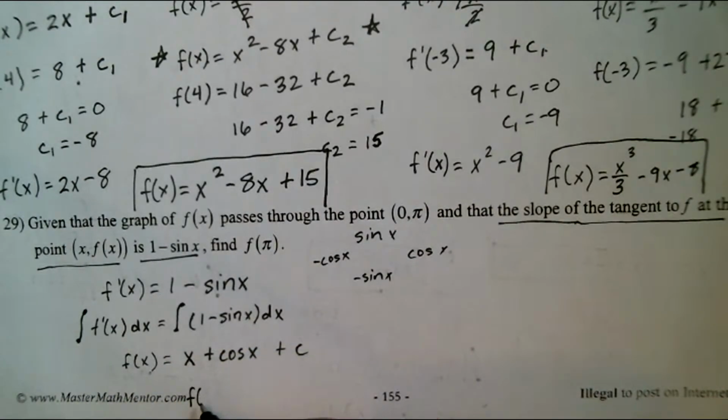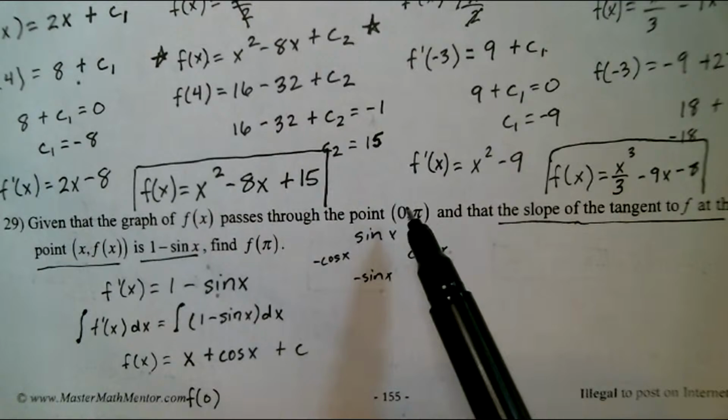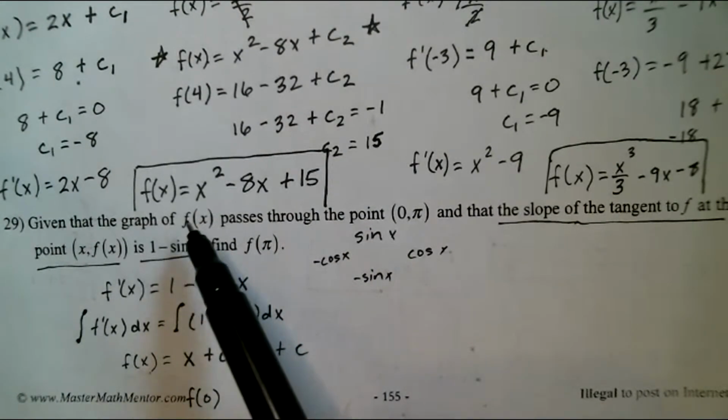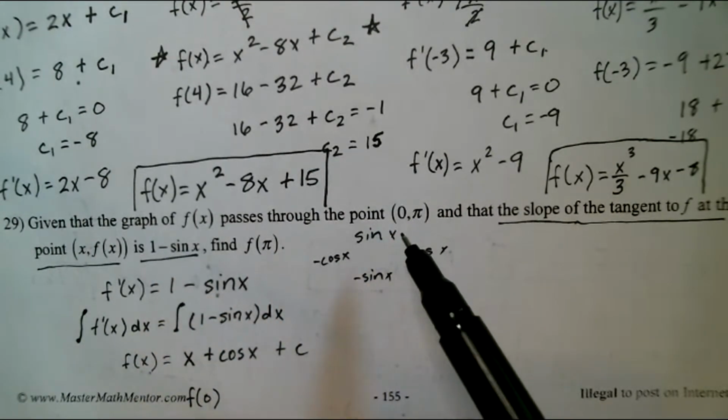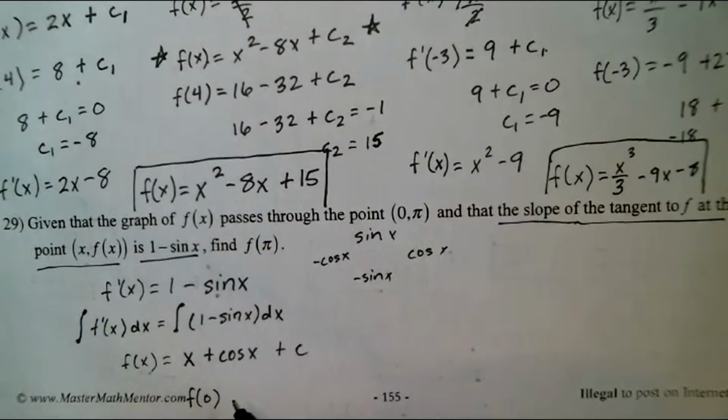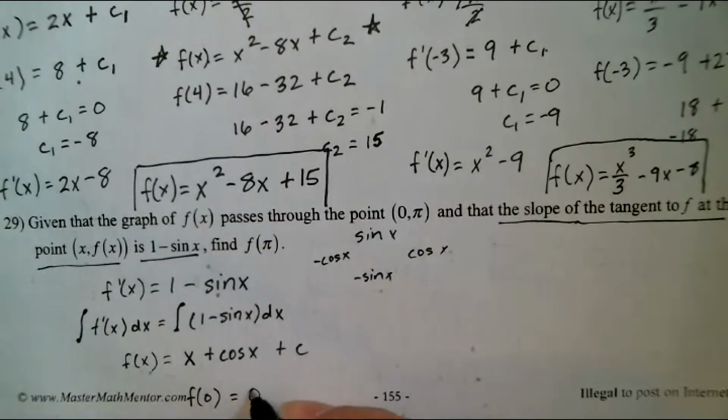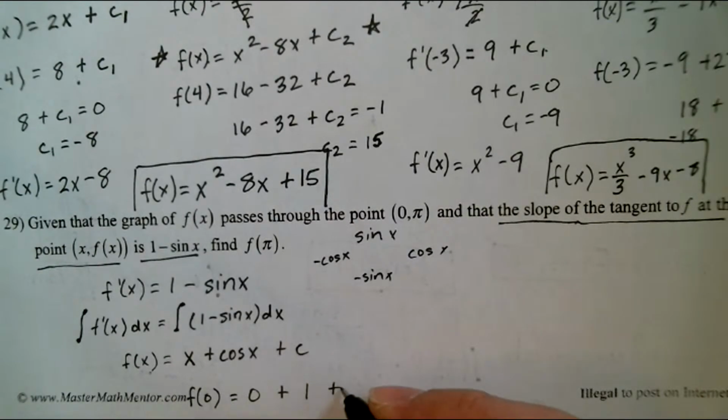I then find f of 0 because it gave me that point. So it's telling me the function f of x passes through 0, pi. So f of 0 is equal to 0 plus cosine of 0, which is 1, plus c.